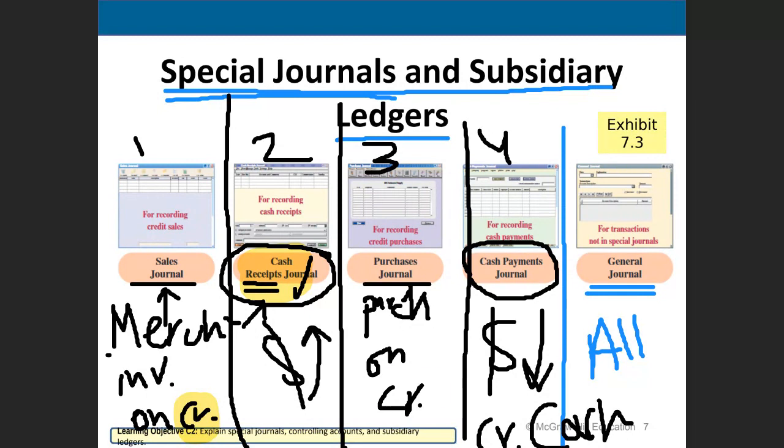Now, where will purchases for cash go? We purchase for cash, which means we paid cash. When we pay cash, it will go exactly to cash payments journal. Okay.